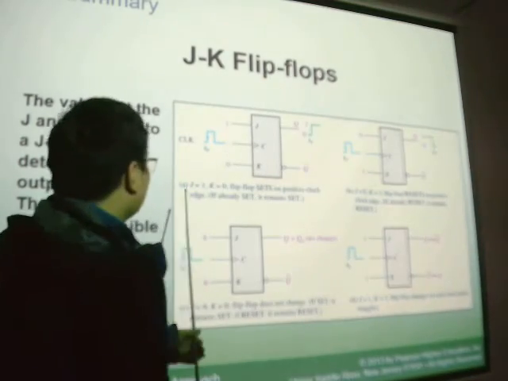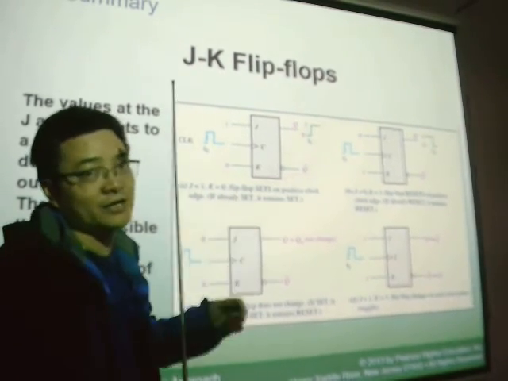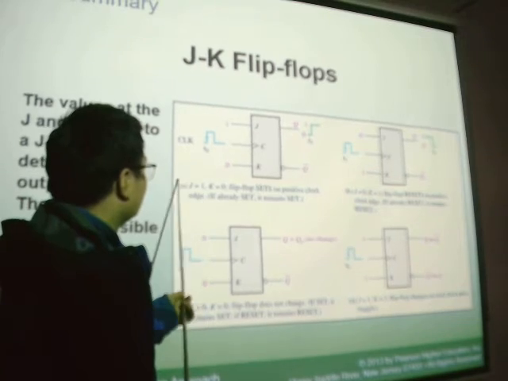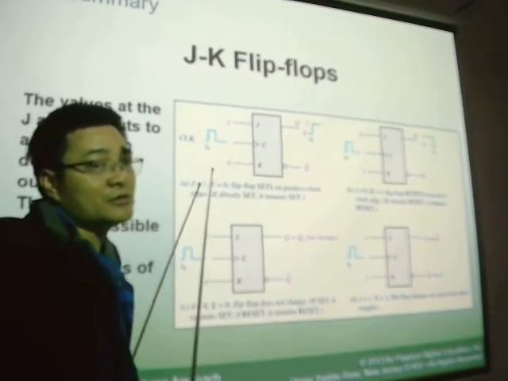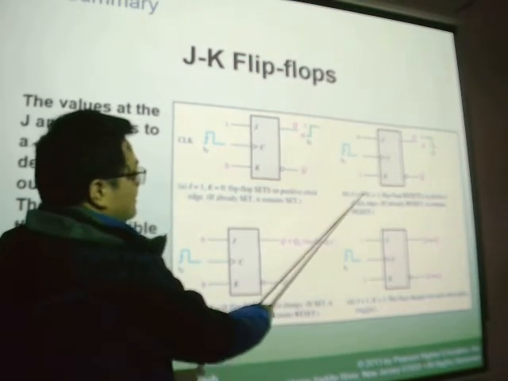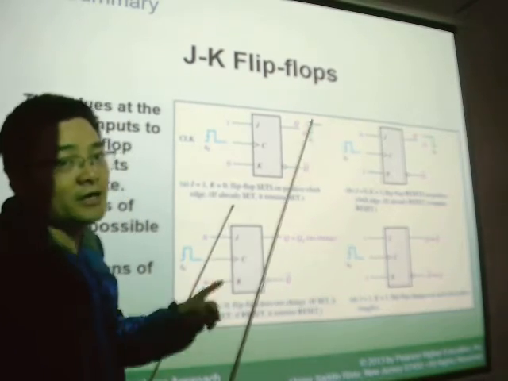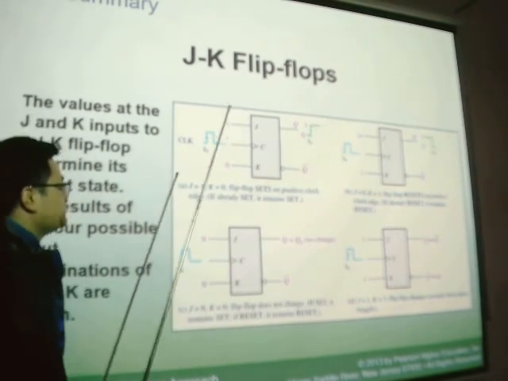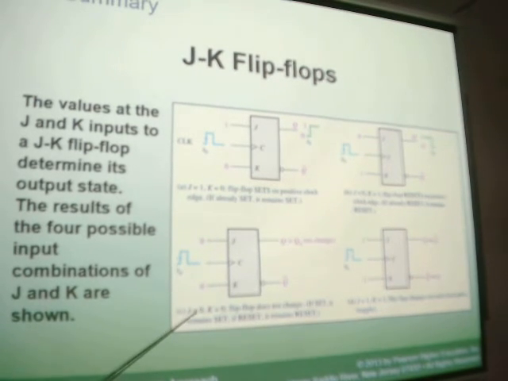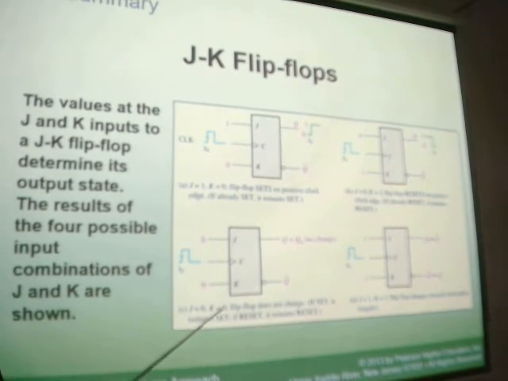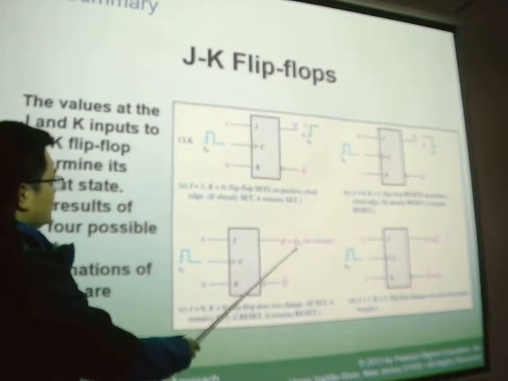So J is similar to a set input, and this combination is a reset input. If J equals 0 and K equals 0, the flip-flop does not change. Q will equal Q0.